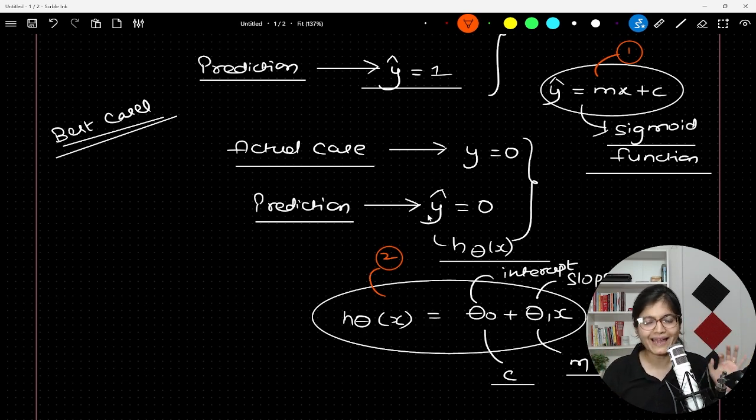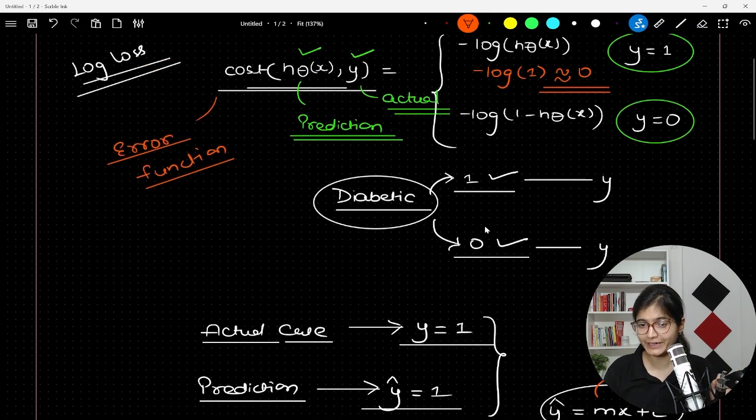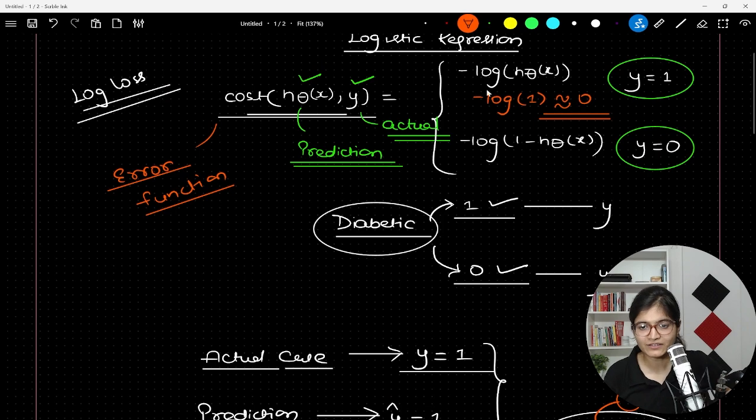So when I'm saying y cap is equal to 0, the prediction says that, okay, the patient is also not diabetic, right? Now let's move back and try to solve this. Negative of log of 1 minus 0. Now again, what are we getting? Log 1 is 0. So again, our error value is approximately 0.